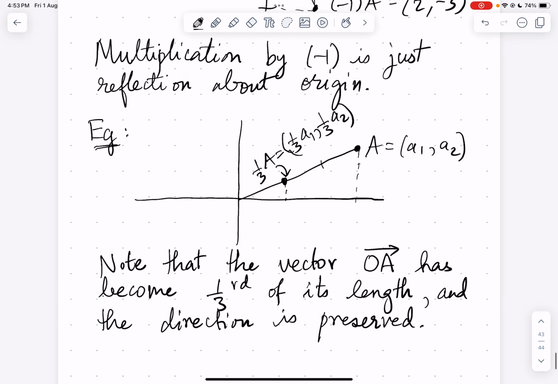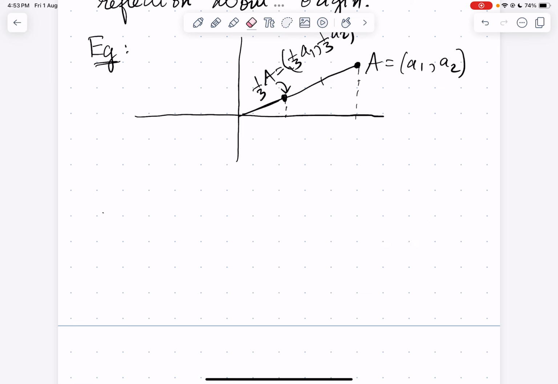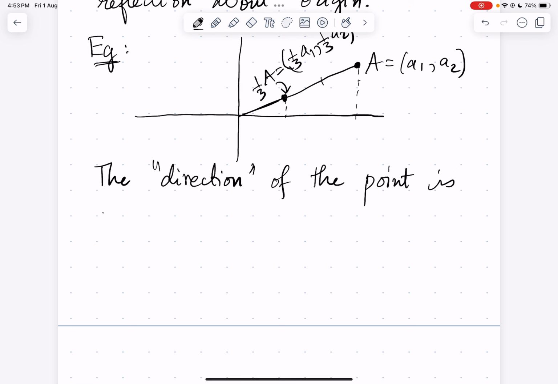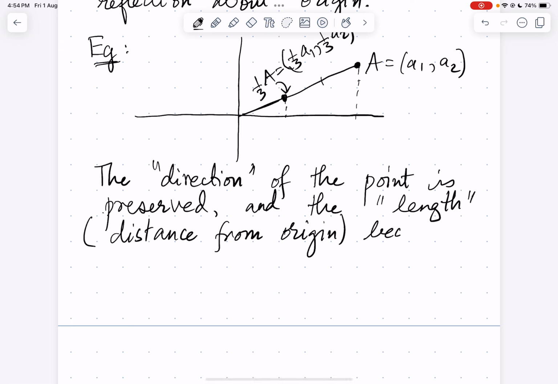So in some sense, the direction of the point is preserved, and the length, by which I mean distance from the origin, becomes 1/3 of the original length.